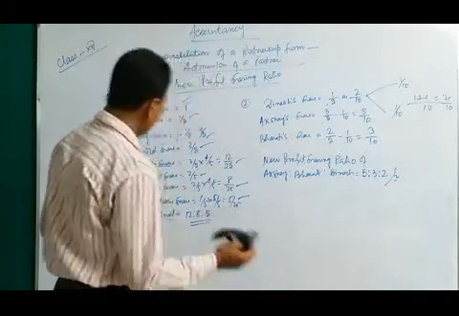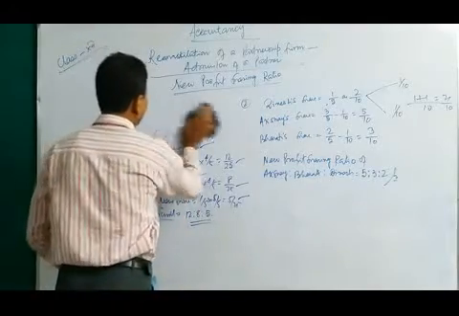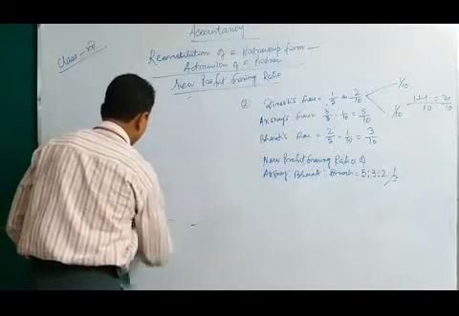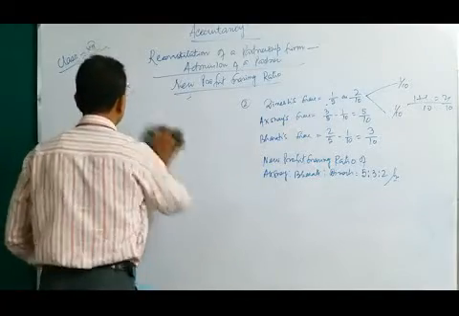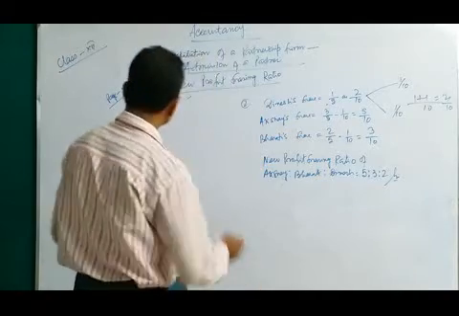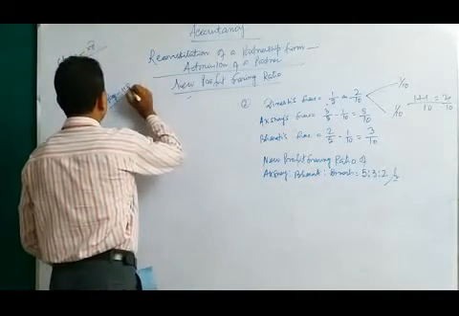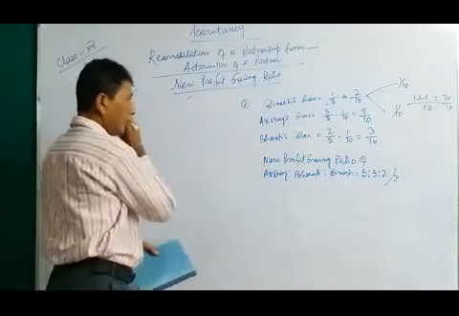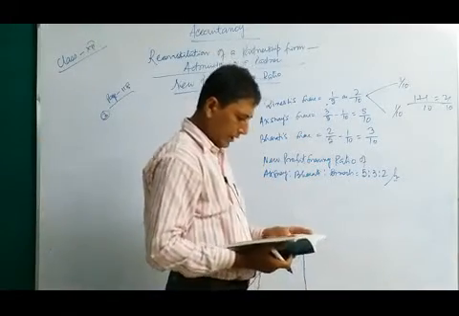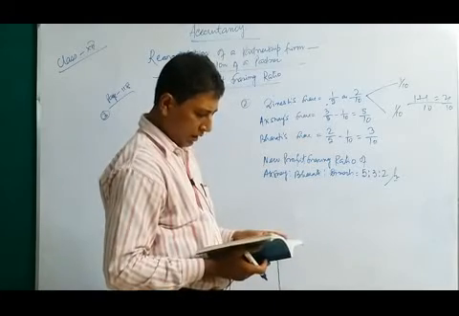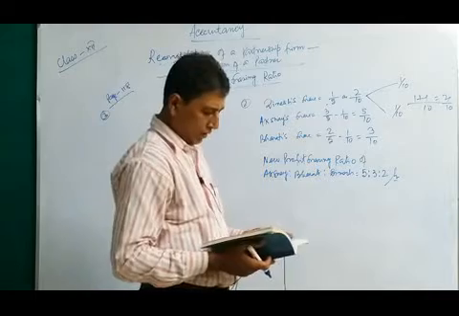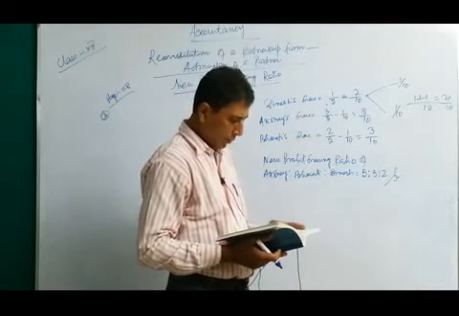Now number 3, the last problem. Page number 118, problem number 3. Anshu and Nitu are partners sharing profits in the ratio of 3:2. They admitted Jyoti as a new partner for 3/10 share, which she acquired 2/10 from Anshu and 1/10 from Nitu.